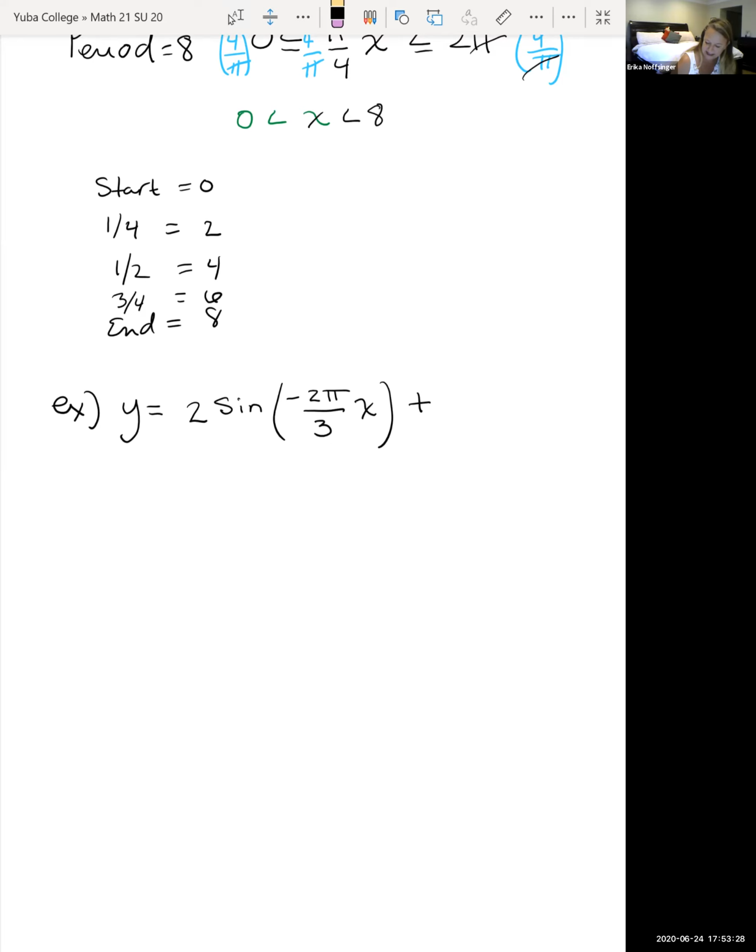And let's subtract, because we added already. Let's subtract 1.